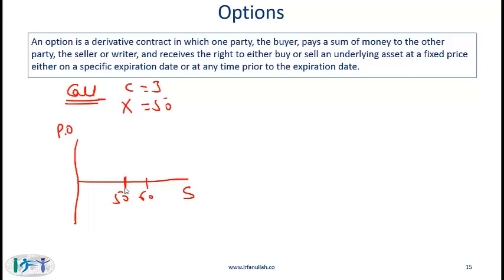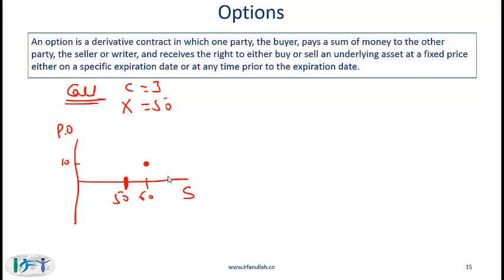The long party will exercise the option, buy the stock for 50, but the stock has a market price of 60. If the long wants, he can sell that stock for 60, which means he makes $10. So the payoff at expiration is 10.